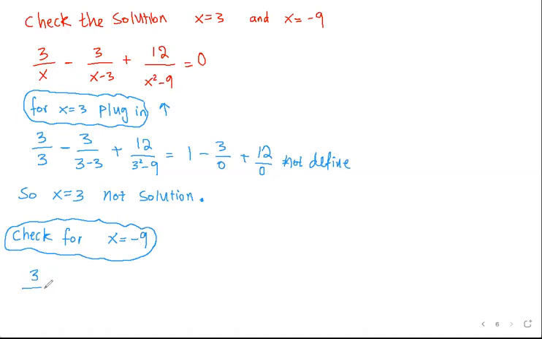What do I get? 3 over minus 9 minus 3, minus 3 over minus 9 minus 3, plus 12 over minus 9 squared minus 9, and this will give me a solution.